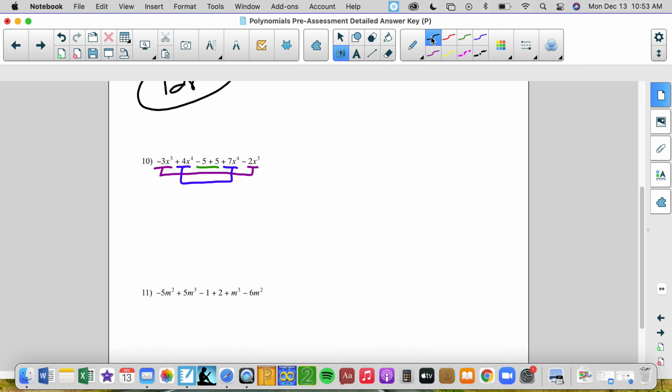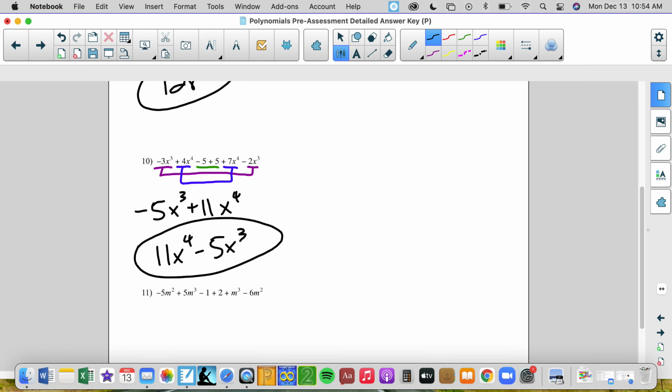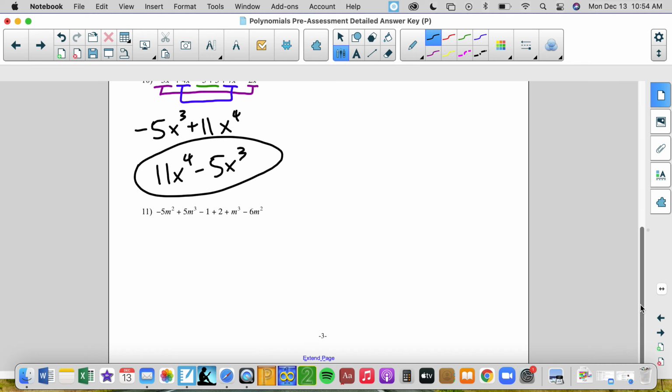Negative 3x to the third and negative 2x to the third makes negative 5x to the third. 4x to the fourth and 7x to the fourth makes 11x to the fourth. And they have negative 5 and positive 5, which makes 0. Let's put it in standard form. And there you go.